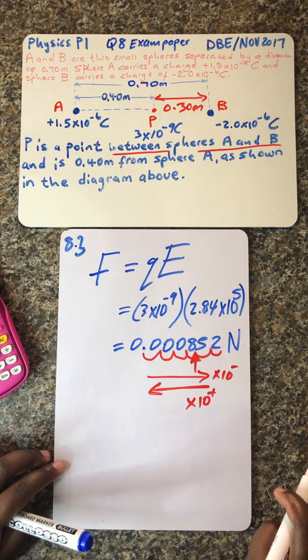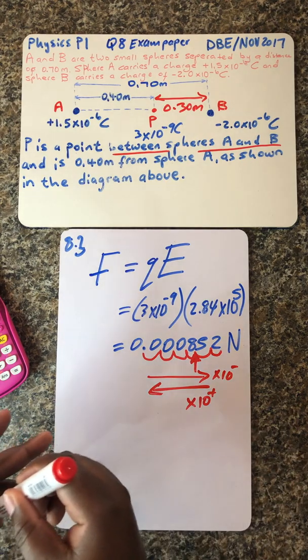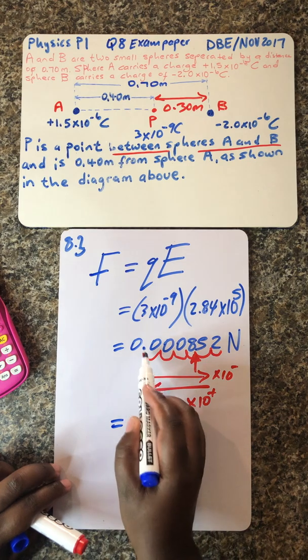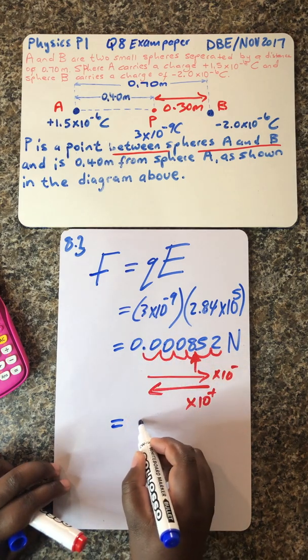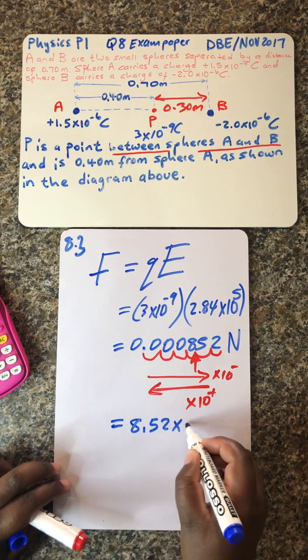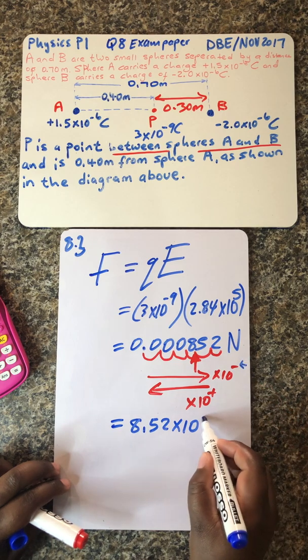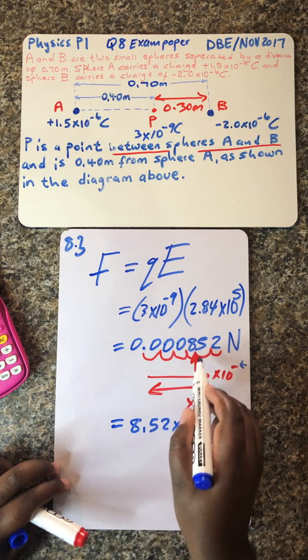So guys, that means the answer to this question in scientific notation, it's going to be 1, 2, 3, 4. Then it's going to be 8.52 by 10 to the exponent. Can you see? This is where you now write it as negative. How many times did you count? 1, 2, 3, 4.